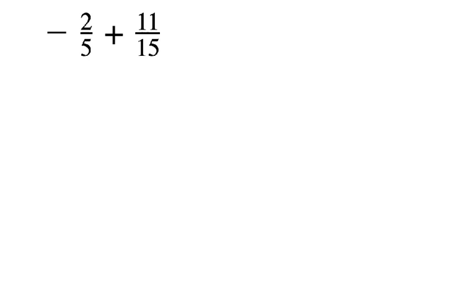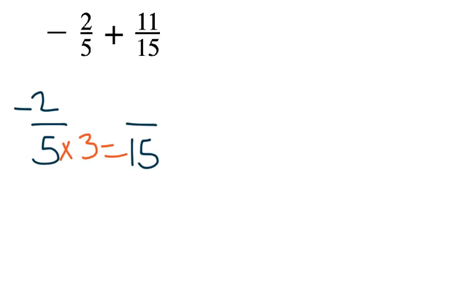So I'm going to say, okay, can I turn the denominator of 5 into a denominator of 15? Yes, I could make negative 2/5 have a denominator of 15. To do that, I need to multiply 5 times 3 to make it 15.